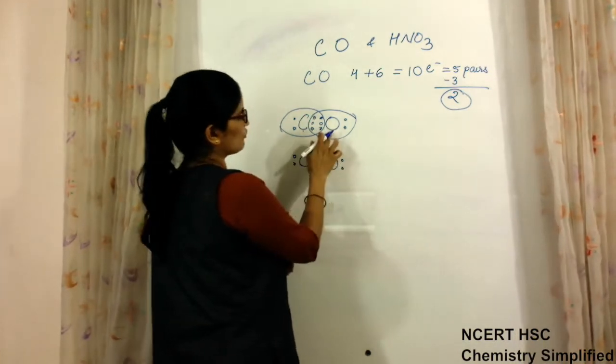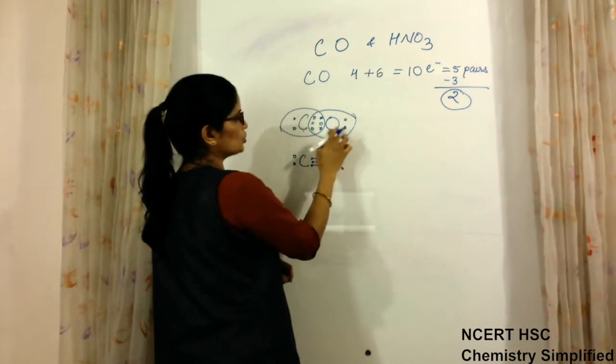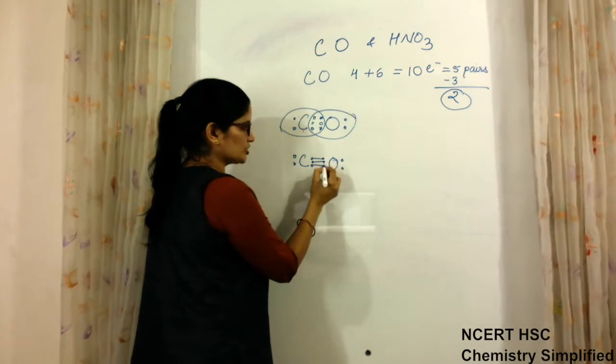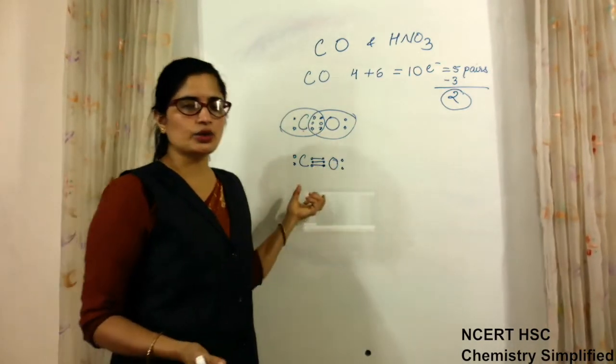Similarly, in case of oxygen, valence electrons are 6, but only 5 are placed on oxygen. So they have shared the electrons in such a manner that octet of both of them gets completed.